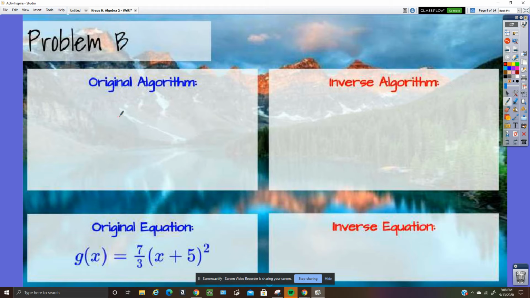All right, so this one, the original algorithm, they give the equation. First, you do what's inside the parentheses first, so add 5.